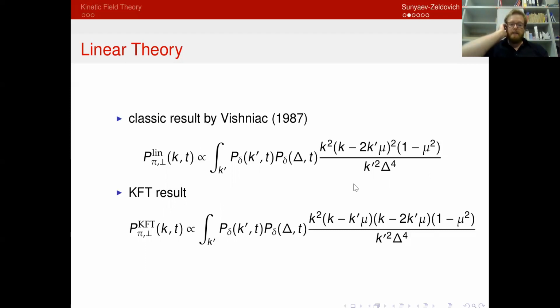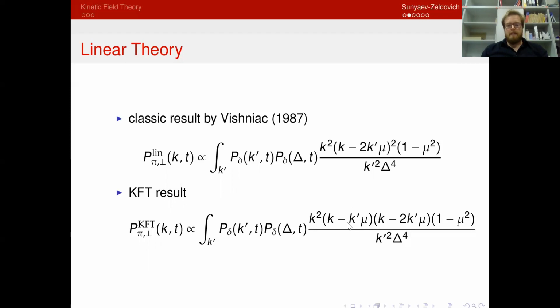And what we did in kinetic field theory is we assumed inertial motion and expanded our initial correlations up to quadratic order in initial momentum correlations. Thereby we obtain also a mode coupling integral of two power spectra with a slightly different kernel than Vishniac did.